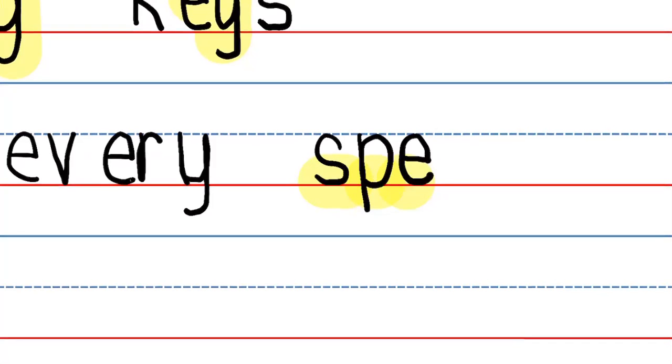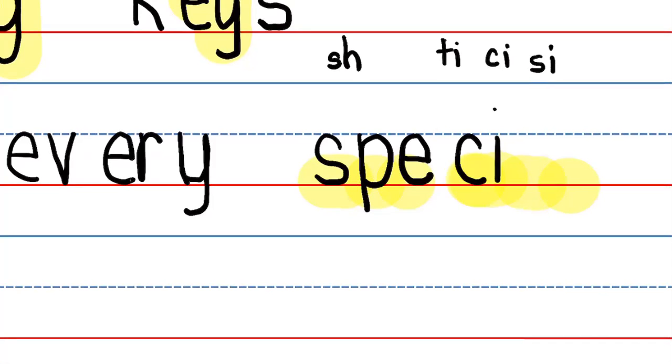Special. Now the sounds are sh, oh, show. And the way we spell it, we're using the CI to spell the sh sound. So we have TI, CI, SI, and we have the SH.